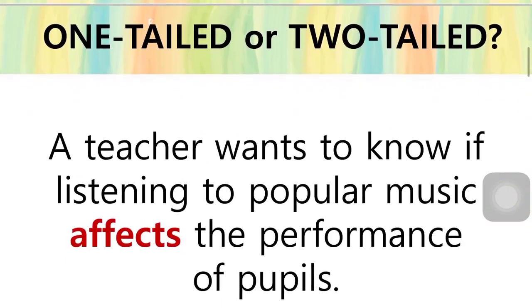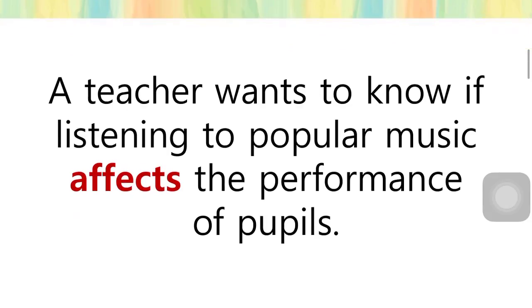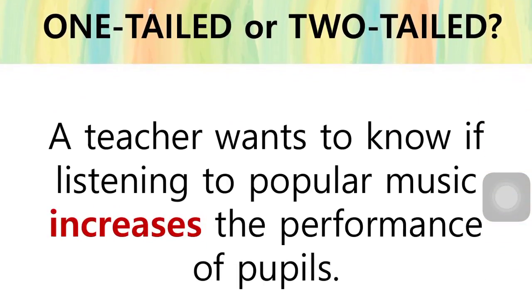Check with these ones. A teacher wants to know if listening to popular music affects the performance of pupils. Affects. The verb does not signal a direction, so we say it is a two-tailed. Another. Same problem, but this time it increases.